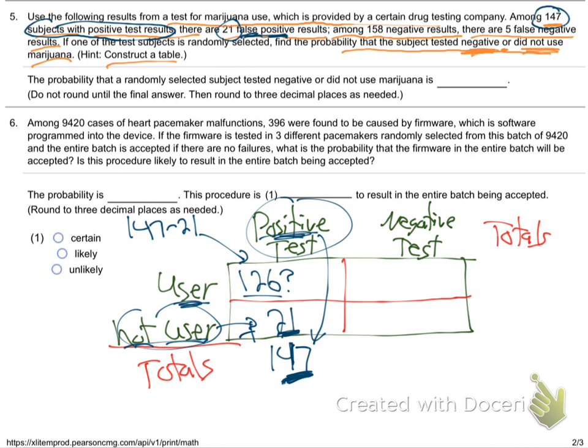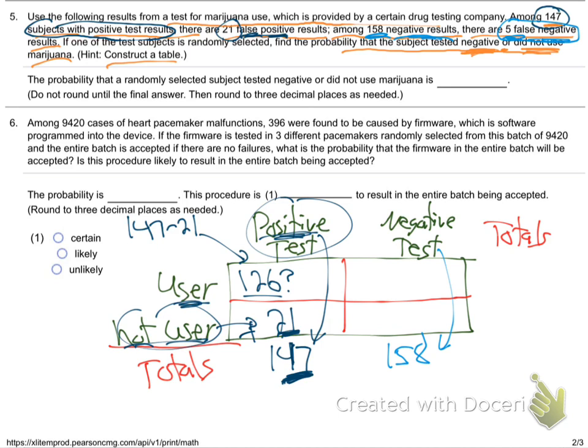Now, over in the right side, among 158 negative test results, so it goes down here, 158 negative, 5 false negative. Now, what's a false negative? If you test negative, but it's a false negative.